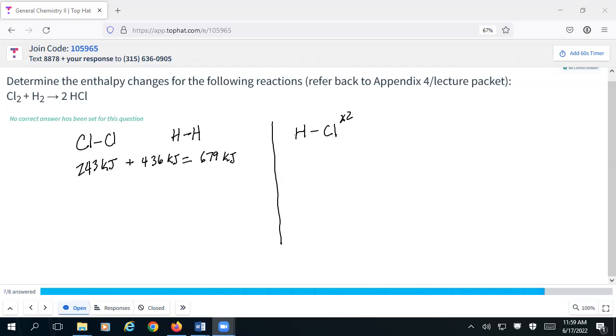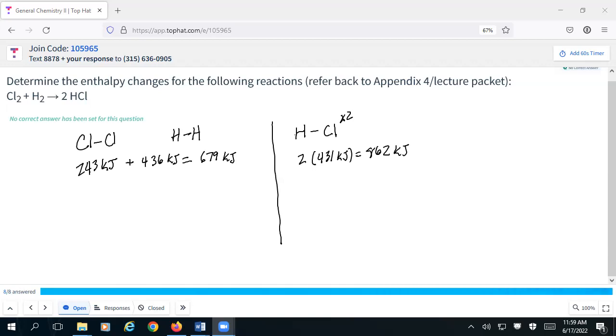On the product side, we had 2 hydrogen to chloride single bonds. Each one is 431 kilojoules. So the total energy released when those bonds form would have been 862 kilojoules.